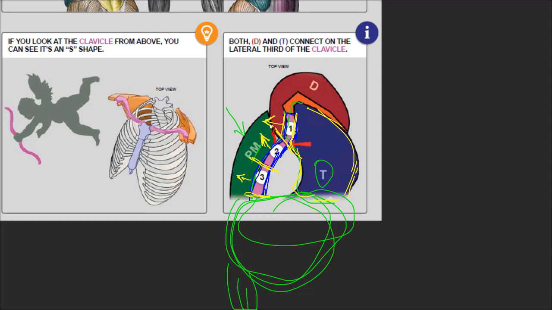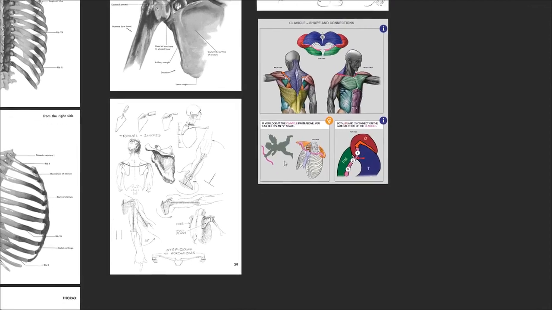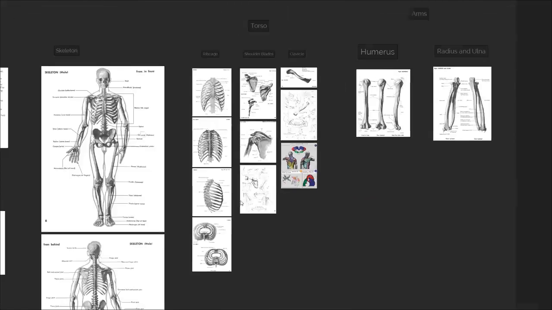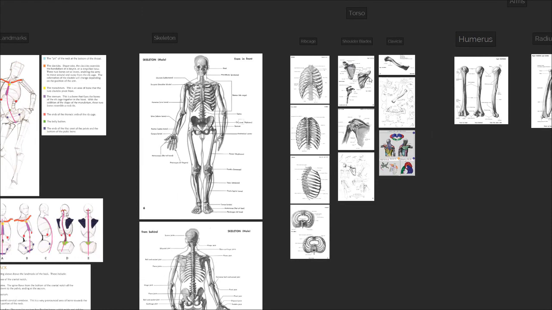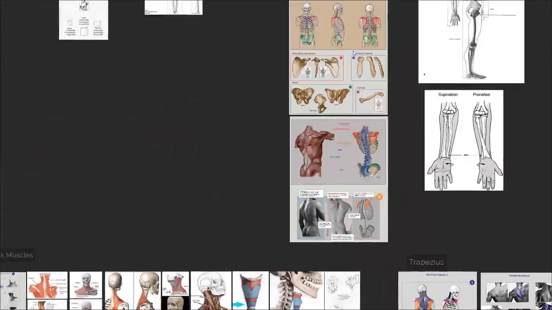The pectoralis major comes from these two parts of the clavicle, leaving just a little bit for the infraclavicular fossa, that empty space between the pectoralis major and the deltoid that I mentioned. Here we have the acromion process, which is that region of the scapula. Yeah, sorry, I just forgot.